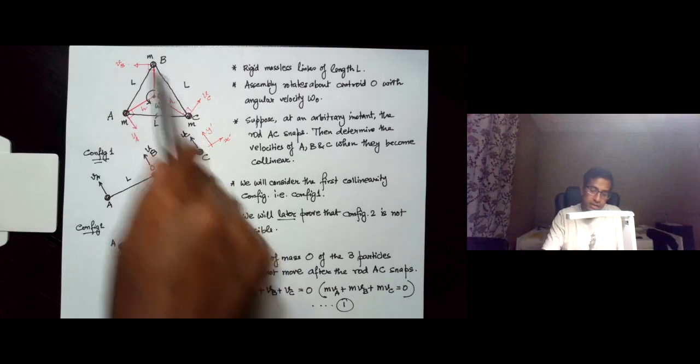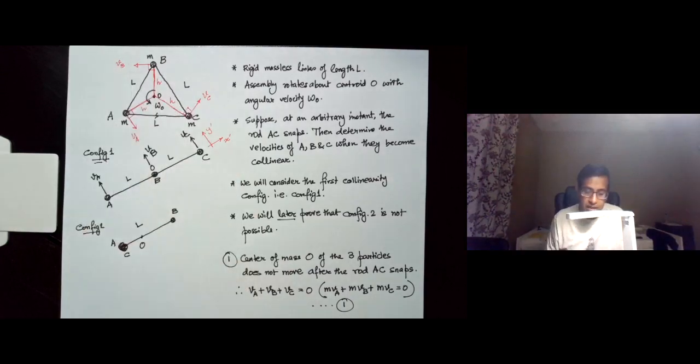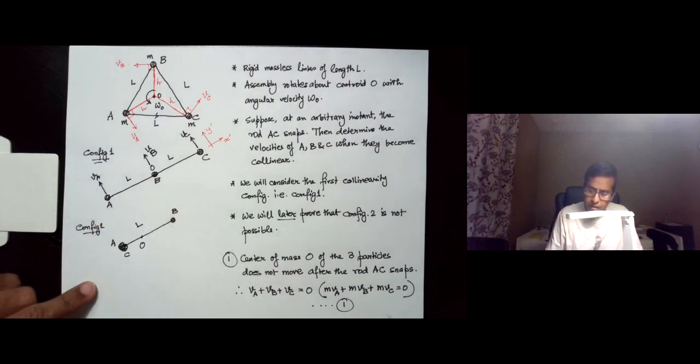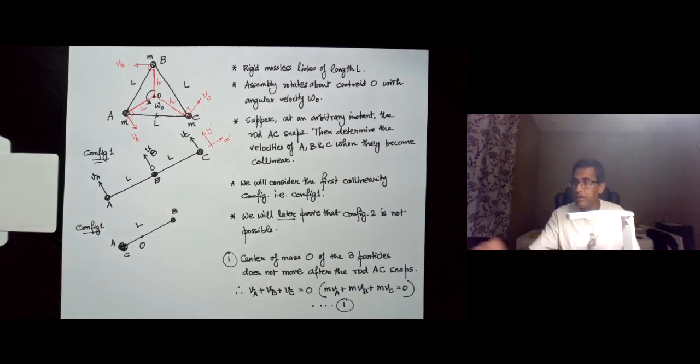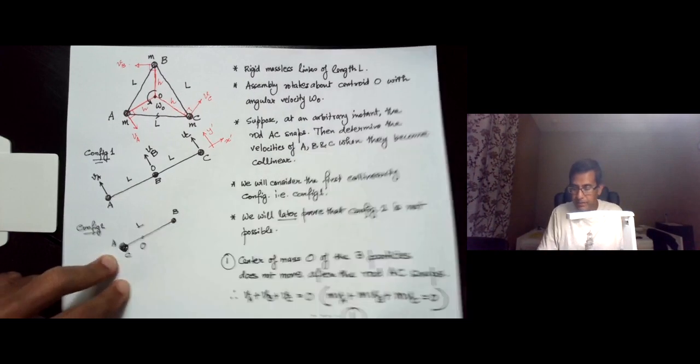So these are the velocities of A, B and C, and they are essentially the same. Let's find the initial velocities.